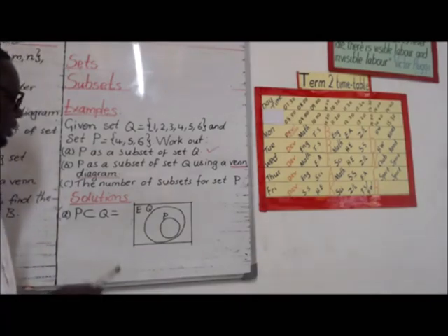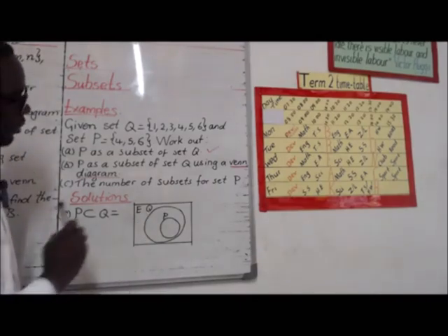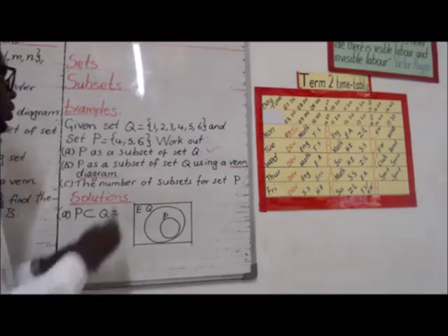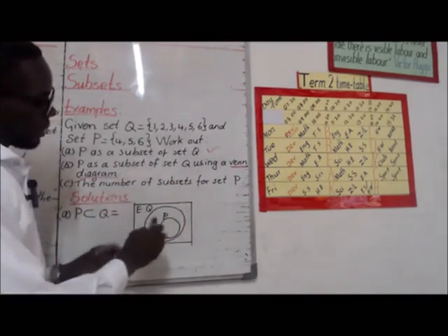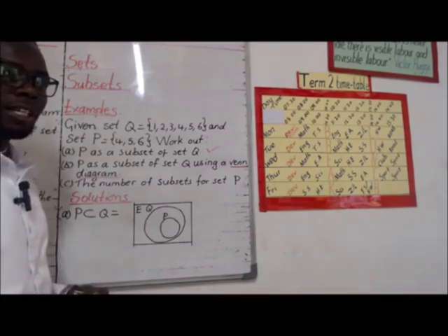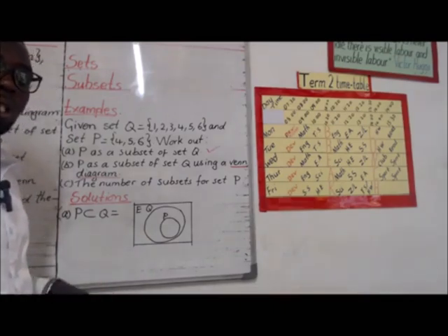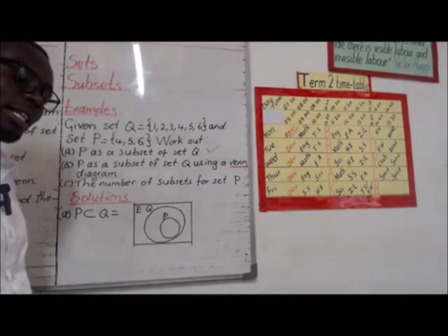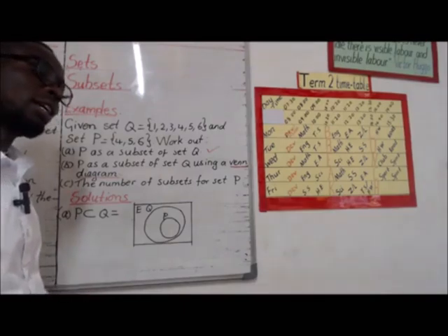Now, Q is the mother set, the bigger set in this case, and P is a subset. When you are drawing a subset using a Venn diagram, you are simply showing that this small set is actually inside of the bigger set.